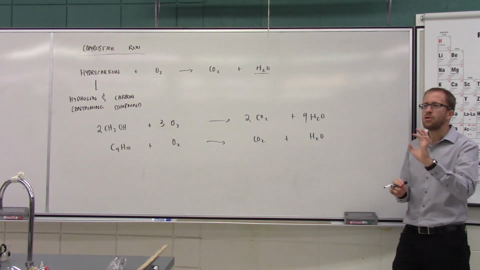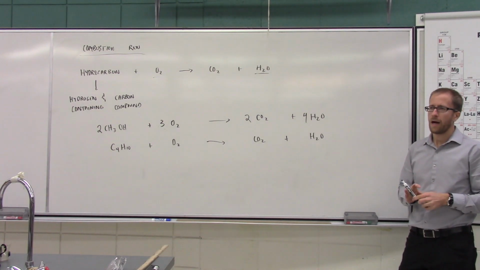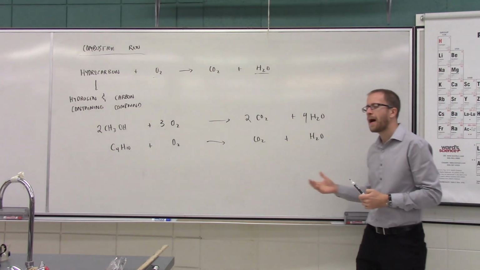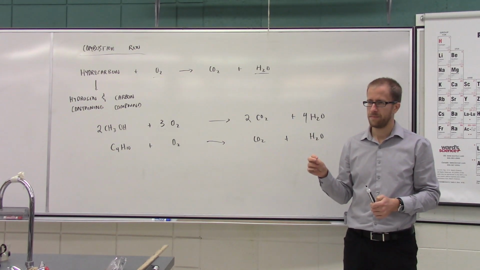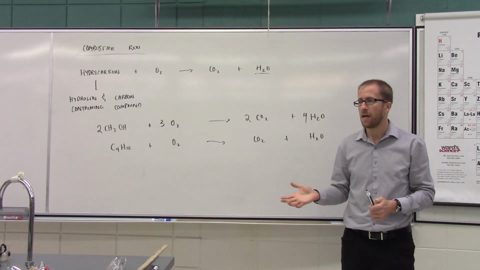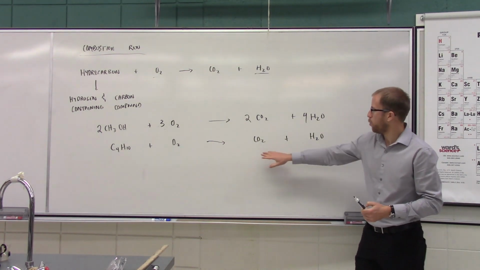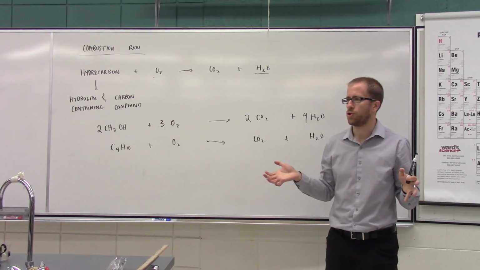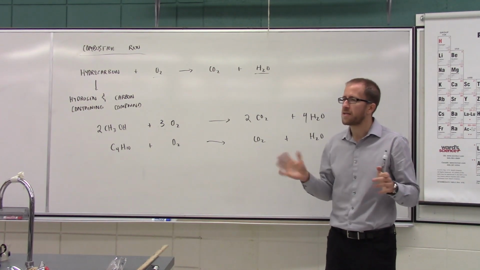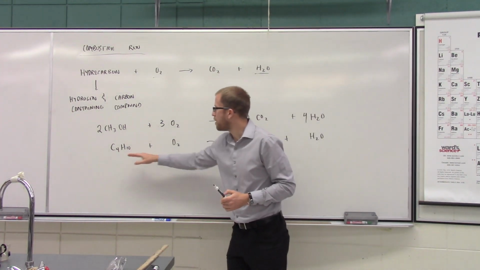Now I'm lying to you a little bit here. What do you have in your basement? It's a detector. CO, carbon monoxide. Really, this is only true if you have perfect, complete combustion, right? If you are perfectly combusting all of this butane with enough oxygen.